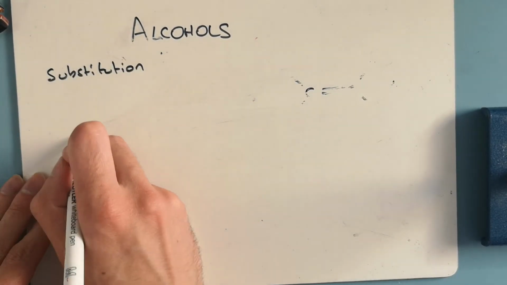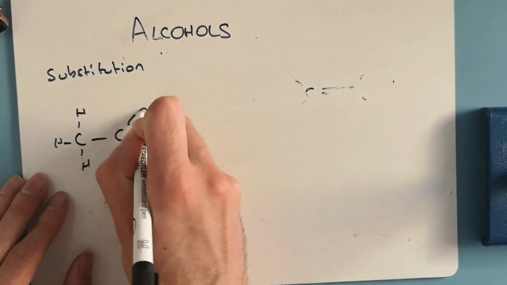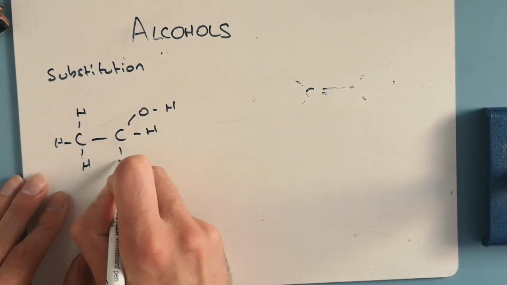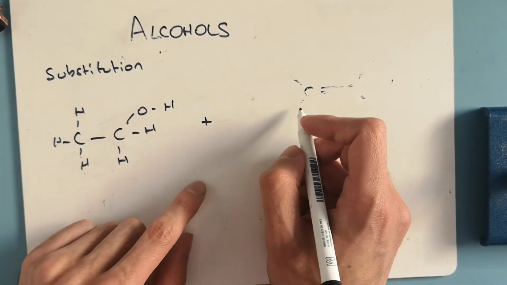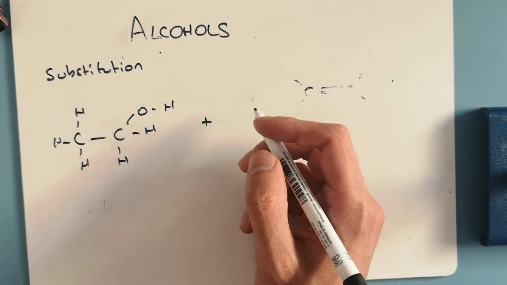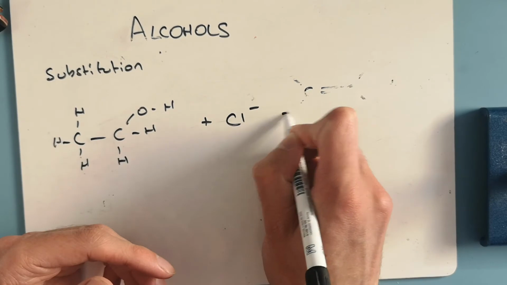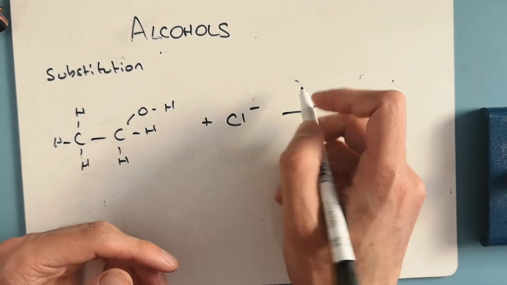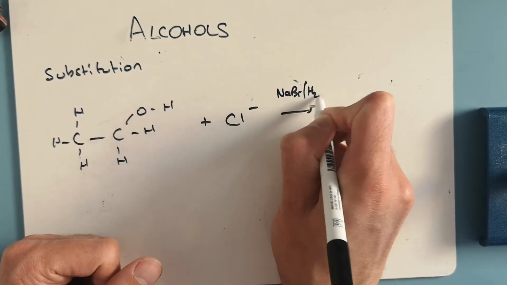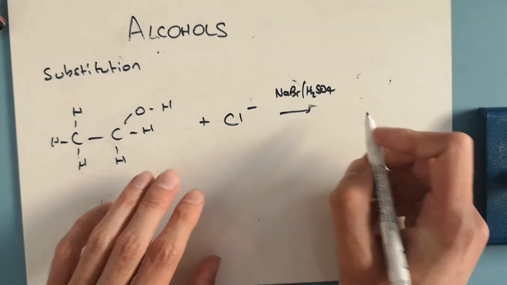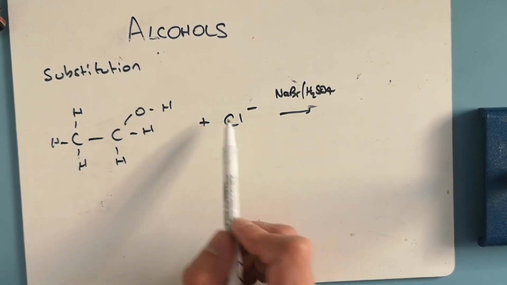What we have here, this ethanol, is we're going to add some halide ions, let's say Cl minus, in the presence of sodium chloride and H2SO4 catalyst, and the substitution is between the OH and the Cl minus.